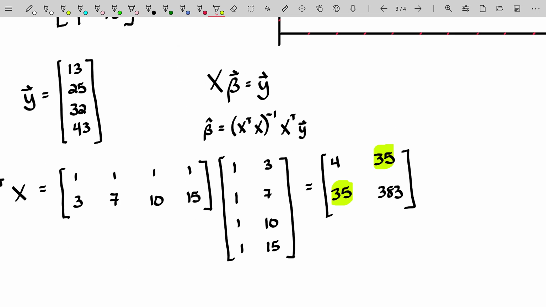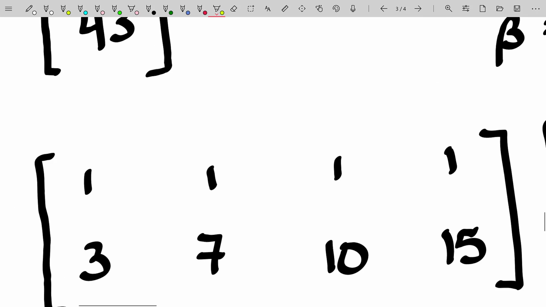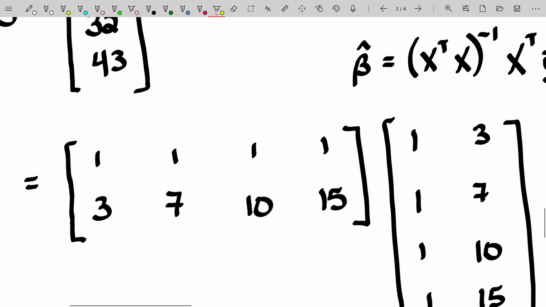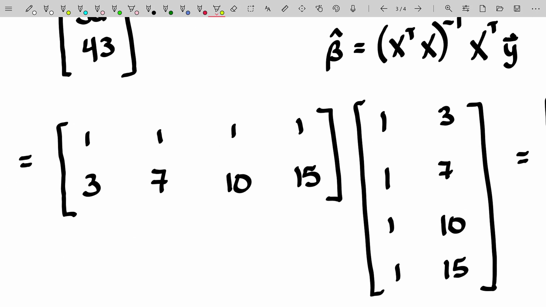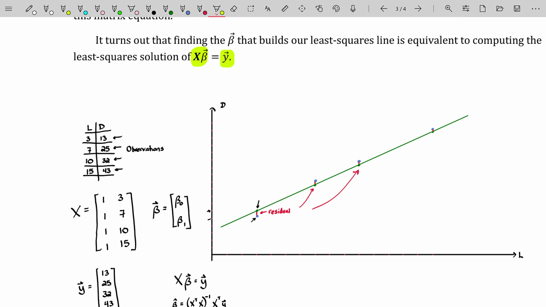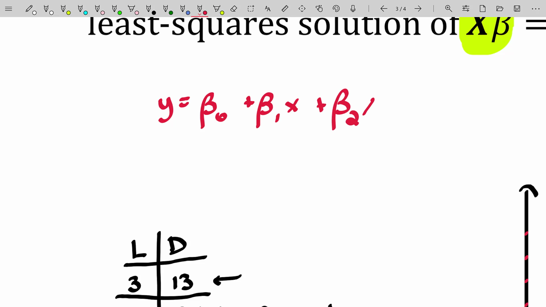Also, when you're doing a least squares process like this, notice the first row, first column entry is always going to be the dot product of 1, 1, 1, 1 with itself, because the first row is just full of ones, at least in these problems. So for example, if you wanted to do a quadratic fit for this data, not that we're going to do that here, a standard quadratic would be of the form y equals beta sub 0 plus beta sub 1 x plus beta sub 2 x squared.